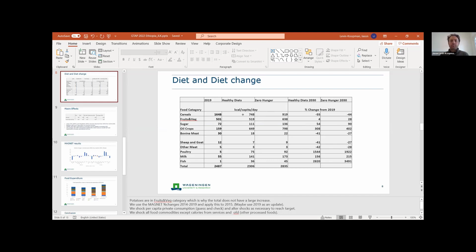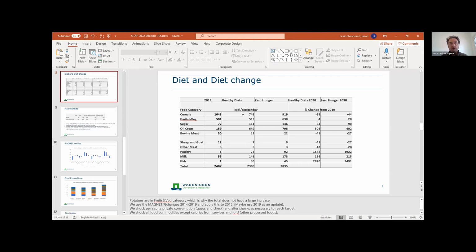So again, that's behind the calculation of this diet mix. But as to a more general point, yes. It's not just the calories that are attached to these Magnet commodities in general, but also there are a lot of macronutrients: proteins, fats, and carbohydrates.